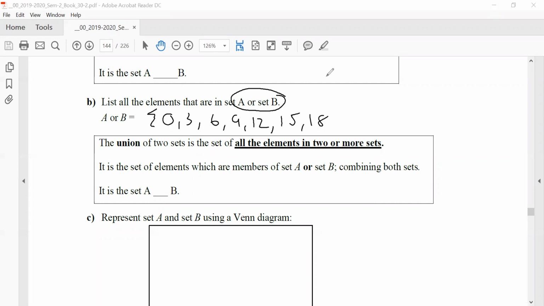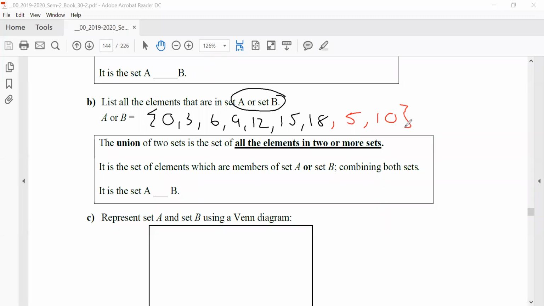And then our second set, set B, numbers that were divisible by 5. Well, I've already got the 0, so I'm not going to write that again. 5, 10. I've already got the 15. I'm not going to write that again. And remember, I'm not going to include the 20. That would be a little mistake.